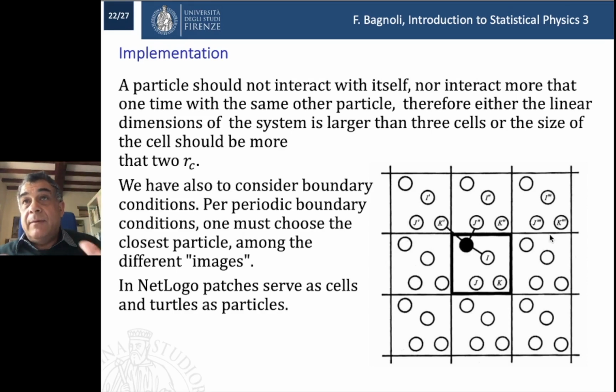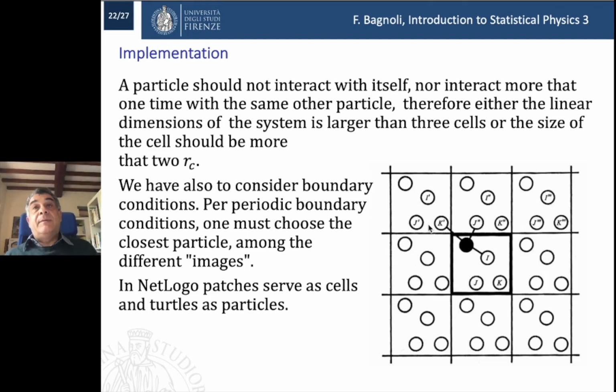If we use a periodic boundary condition, a particle can see multiple copies of the same particle in different cells, and so we have to consider only those that are nearer to the particle. So, for instance, in this case, the black particle should interact with this copy of the J particle and not with this one or this one or this one.